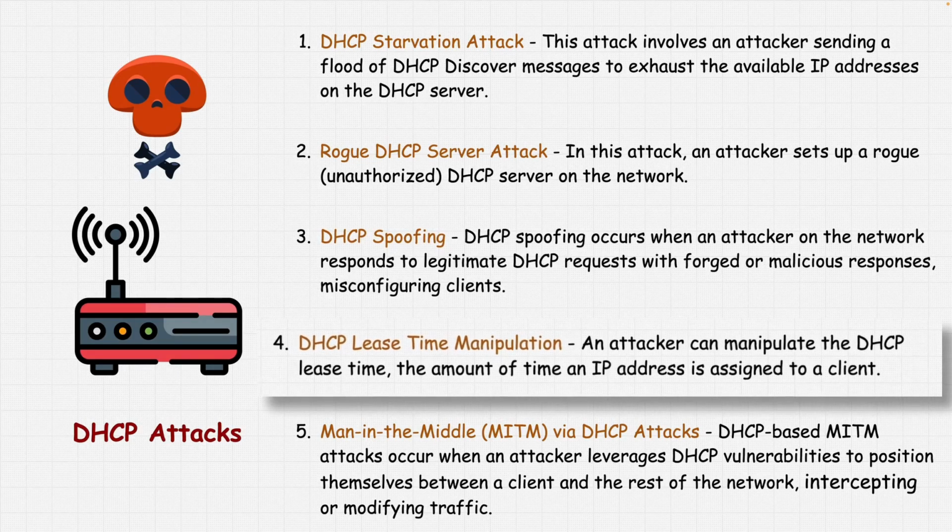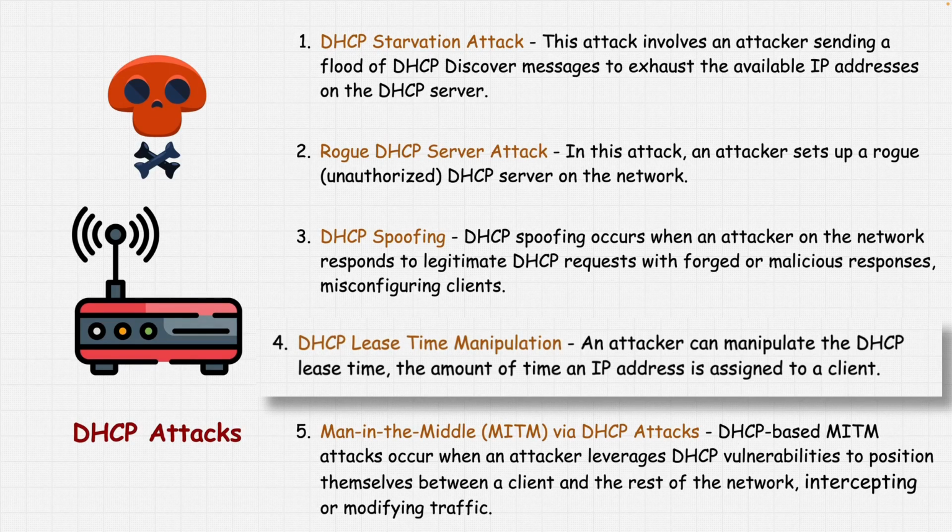Now, another attack is DHCP lease time manipulation. An attacker can manipulate the DHCP lease time, which is the amount of time that an IP address is assigned to a client. Now, this works by setting a very short lease time, which forces the client to constantly request a new IP address from the DHCP server, causing unnecessary network traffic and potentially slowing down the network.